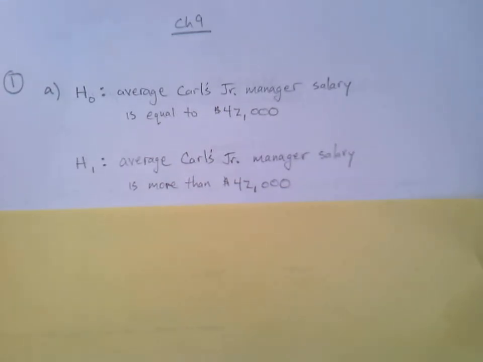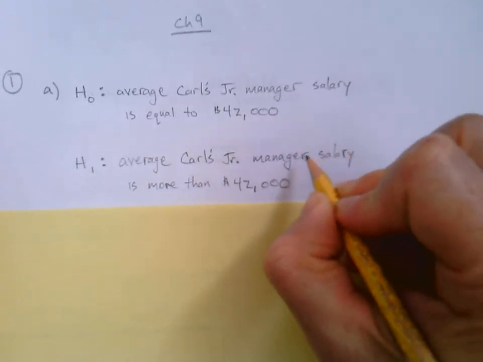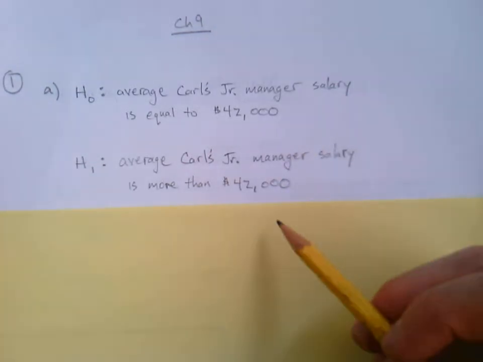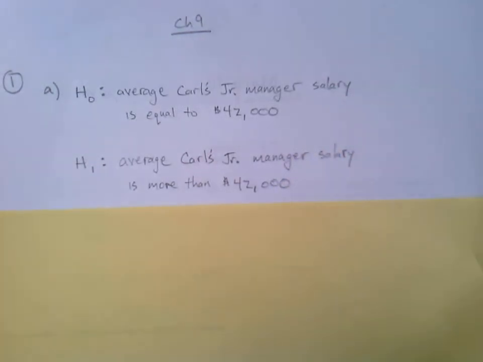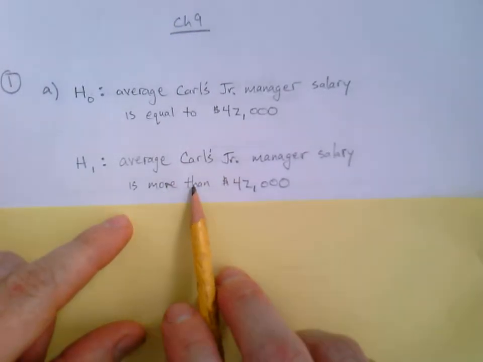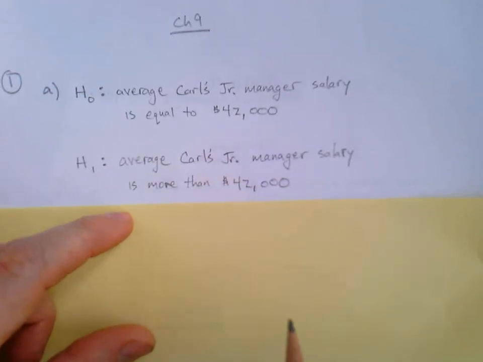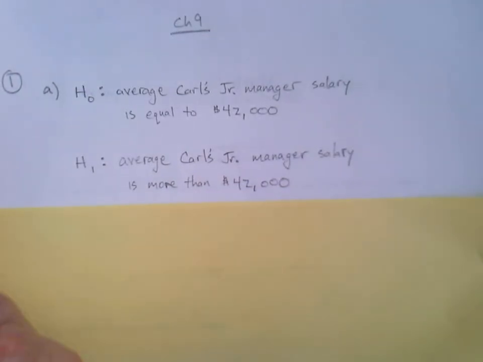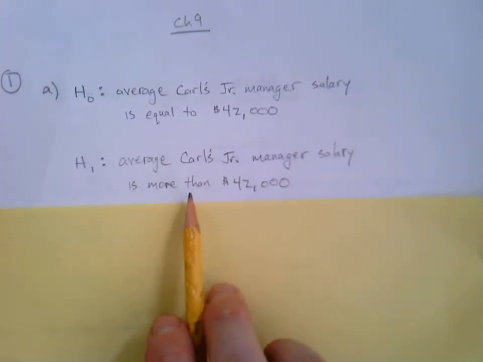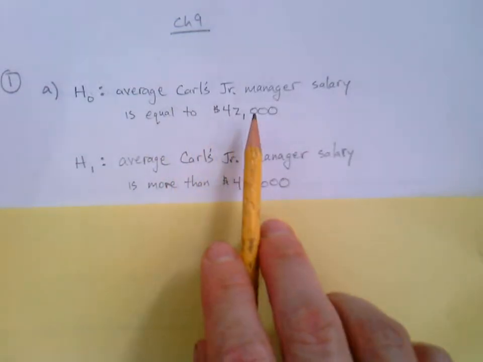We're going to assume the average Carl's Jr. manager's salary is more than 42,000. So if it's not equal to, then the alternative is that they're making more. Again, this is going to vary problem to problem. We say more than here because they're making more. In other cases, it might be less than. In other cases, it might simply just be not equal.